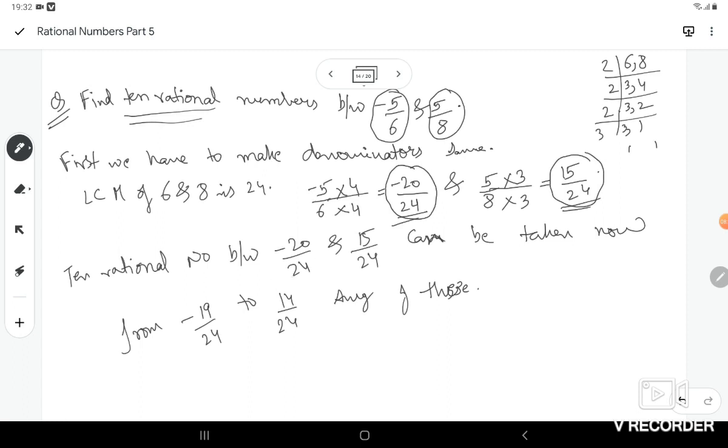Now we can select any 10 rational numbers between minus 20 by 24 and 15 by 24, from the range minus 19 by 24 to 14 by 24.